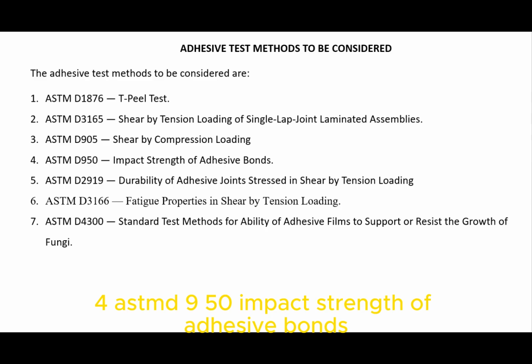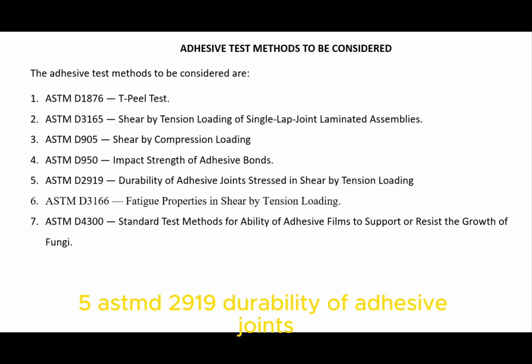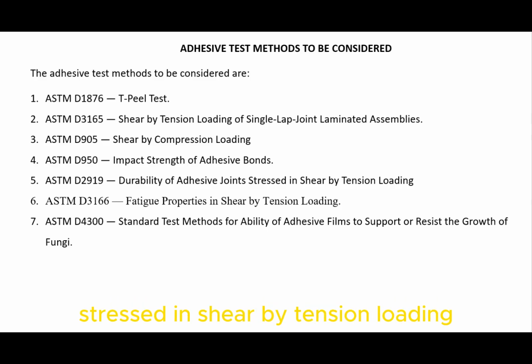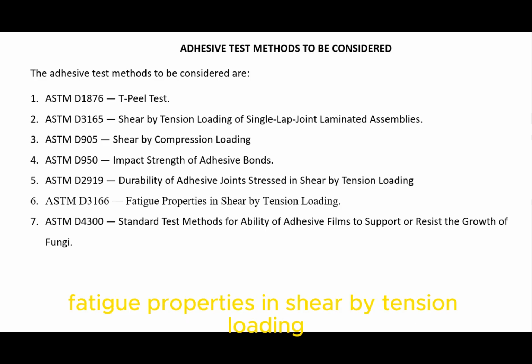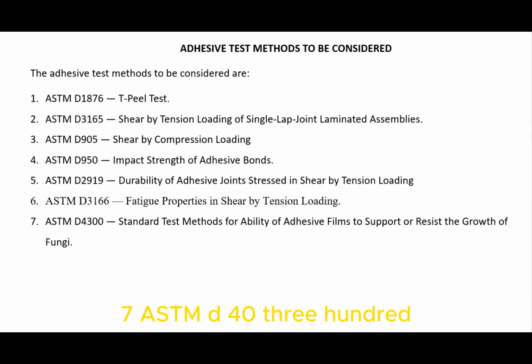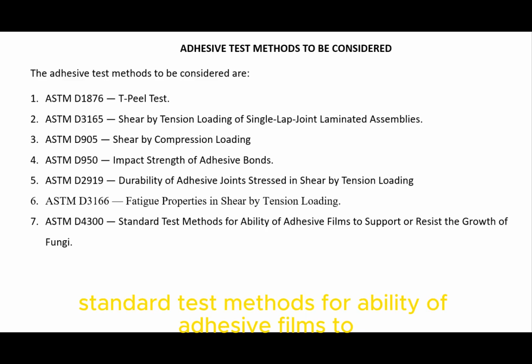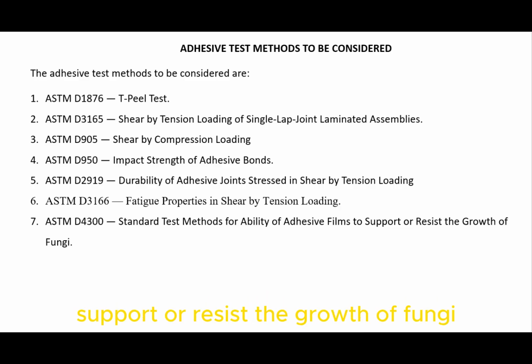ASTM D950 impact strength of adhesive bonds. 5. ASTM D2919 durability of adhesive joints stressed in shear by tension loading. 6. ASTM D3166 fatigue properties in shear by tension loading. 7. ASTM D4300 standard test methods for ability of adhesive films to support or resist the growth of fungi.